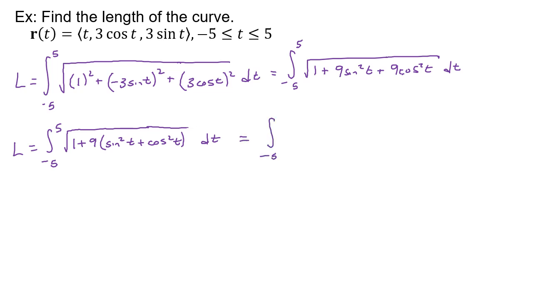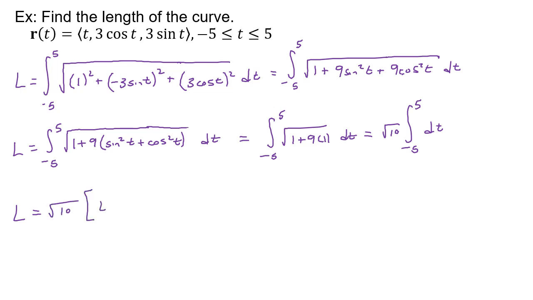I just get the square root of 1 plus 9 times 1 dt, which is the square root of 10. So the square root of 10 can be pulled out in front of my integral, and I'm just integrating 1 dt. So I just get t between -5 and 5.